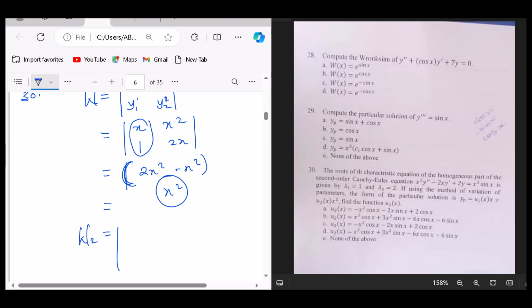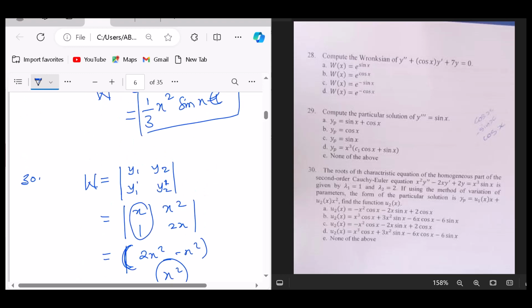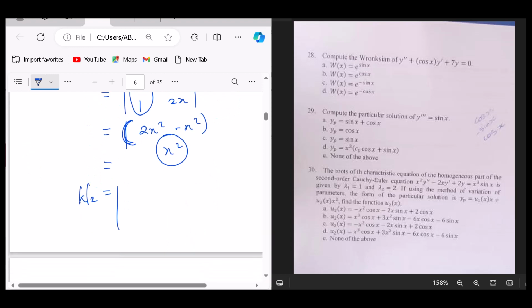The constant matrix from the question is 0 for the homogeneous part, and then x cubed sin x for the other part.